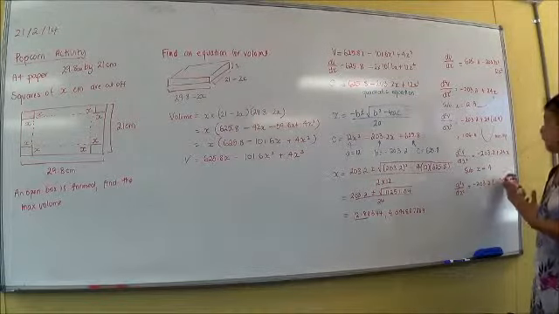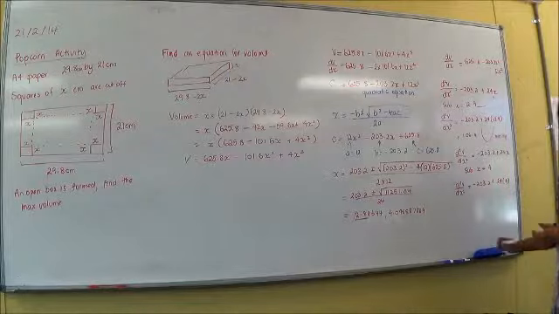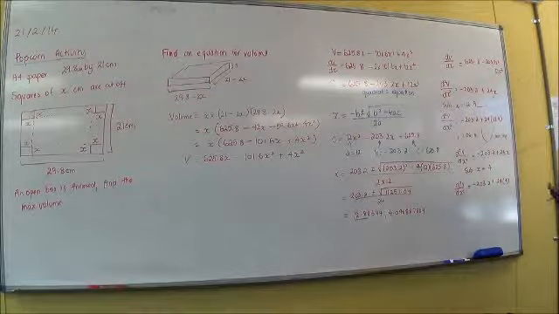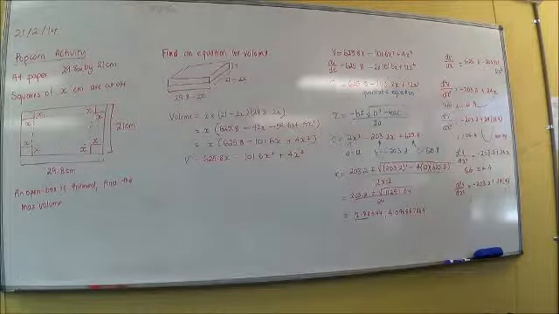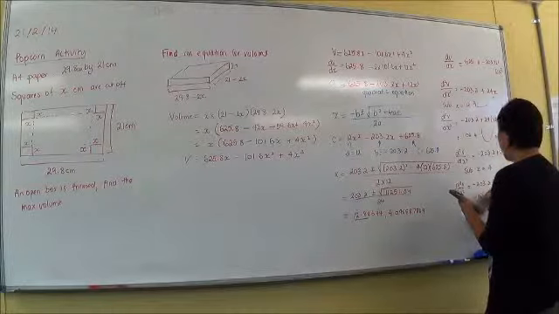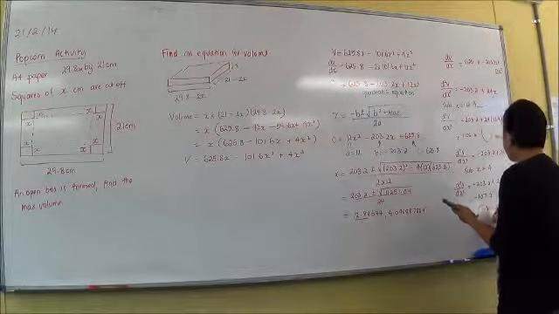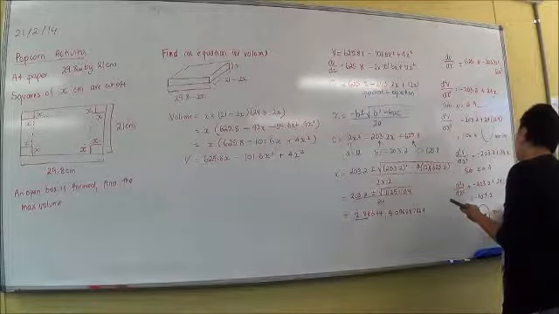Negative. So we get a negative 107.2. Negative is concave down, which gives you the maximum turning point.